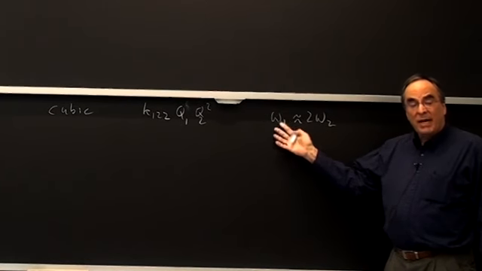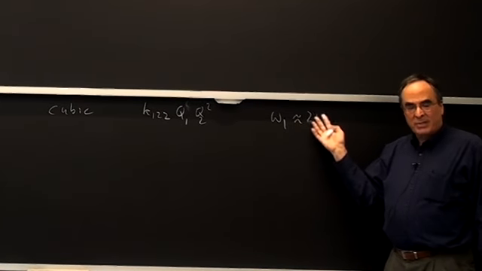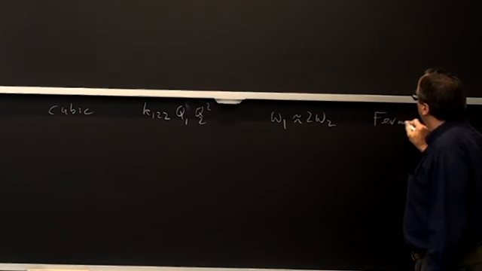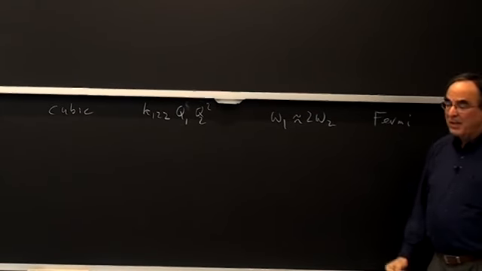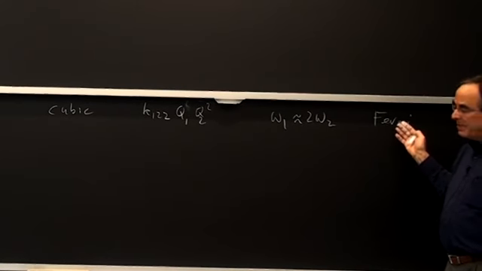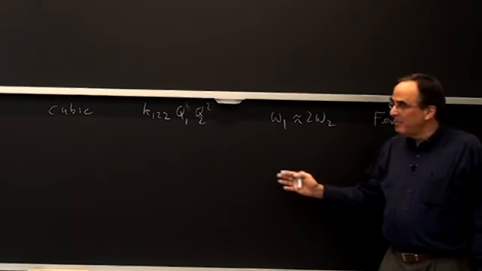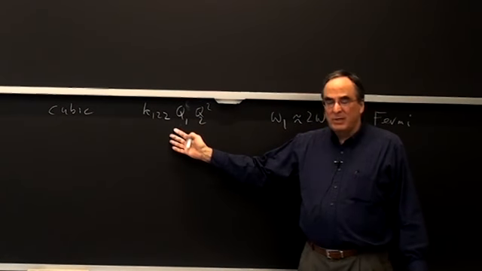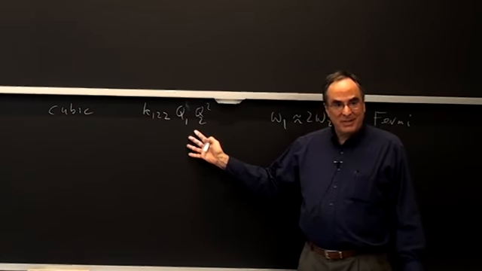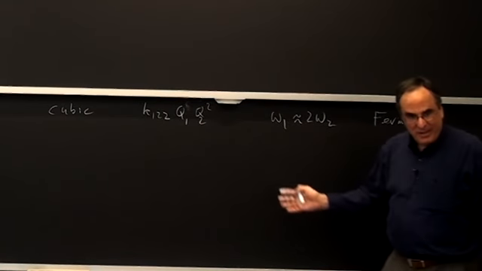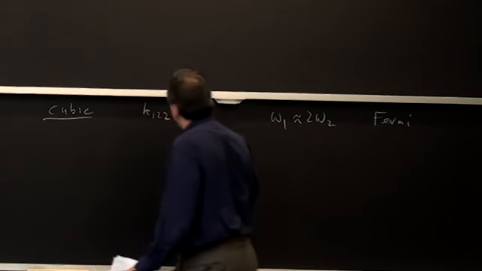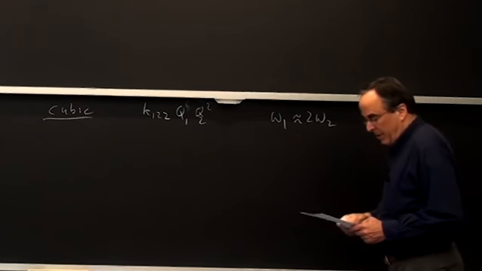And it's amazing how common 2-to-1 resonances are, and they have a name, Fermi. Fermi resonance is explicitly a cubic term, a 2-to-1 resonance. We could have a cubic term which is a 1-to-1-to-1 resonance. That would not strictly be called Fermi. But this is an important term that you would include in the Hamiltonian.